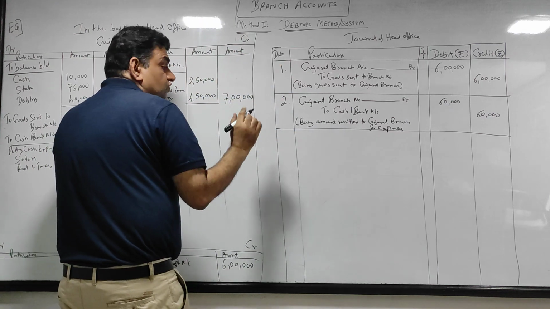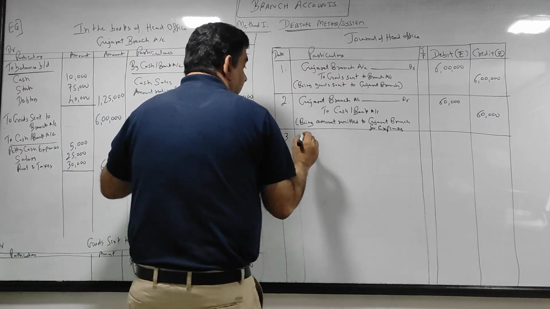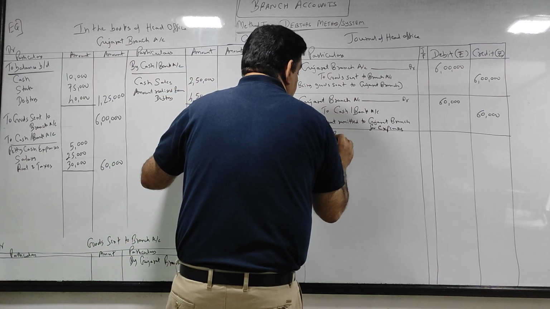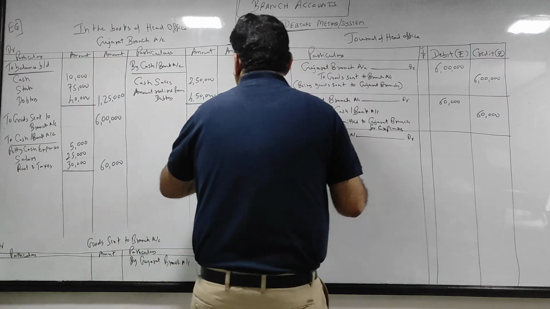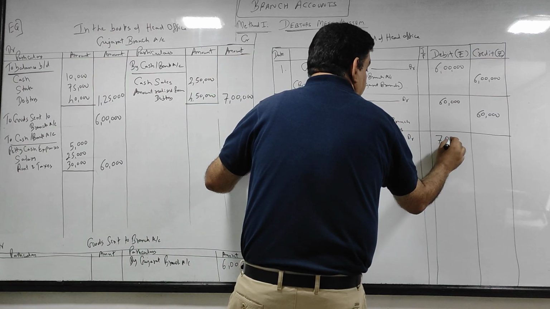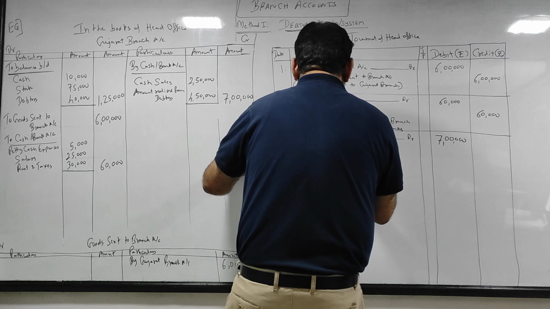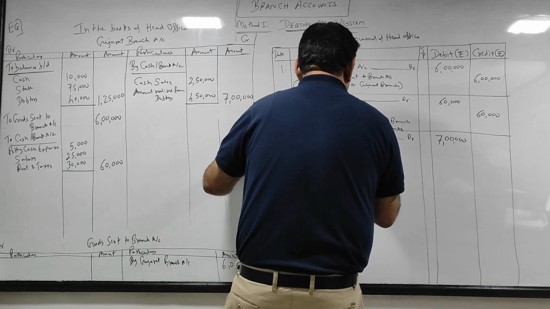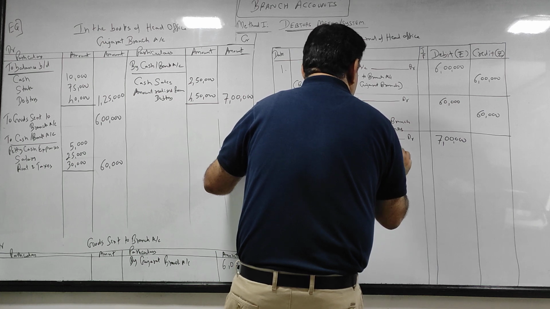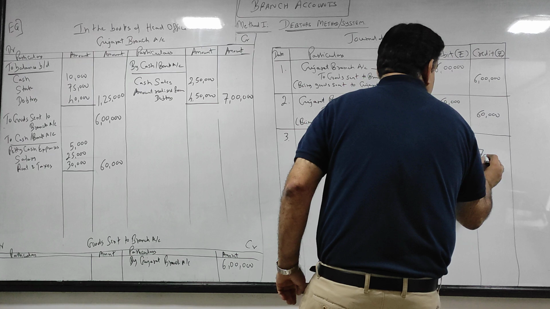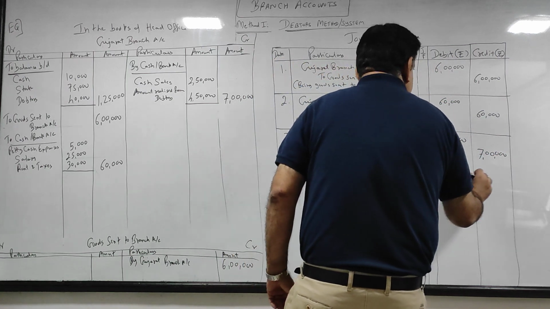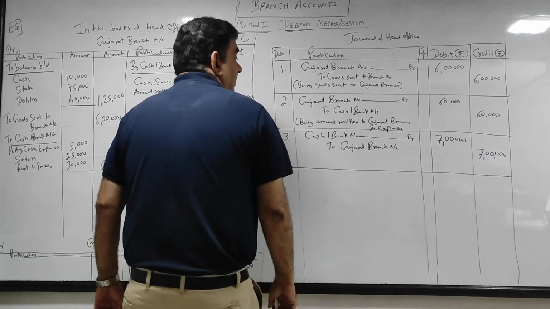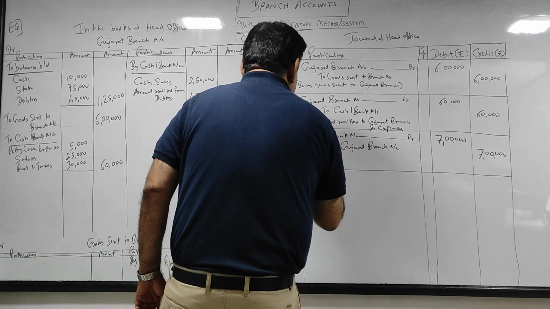चलो, बाय कैश बैंक कहां पे लिखा है? क्रेडिट साइड ऑफ ब्रांच. सो इसकी जर्नल एंट्री, ब्रांच को क्रेडिट किया है, पैसा आ रहा है. So, cash bank account debit 7 lakhs to Gujarat branch account 7 lakhs.